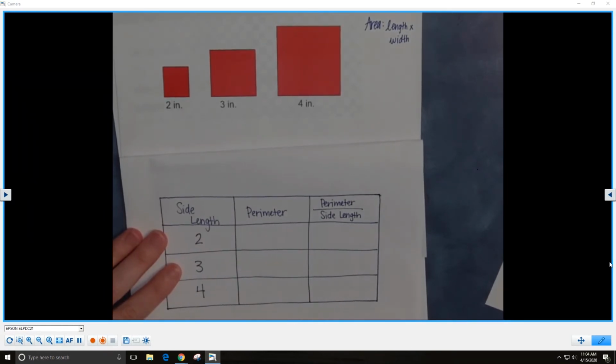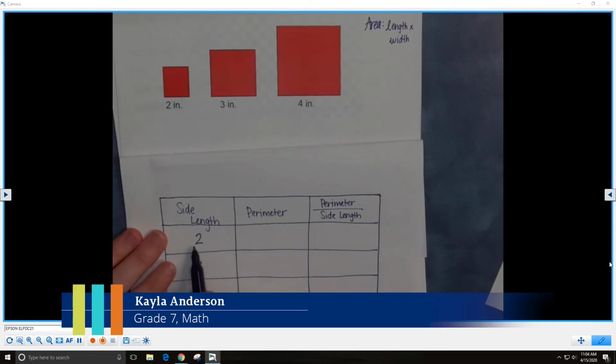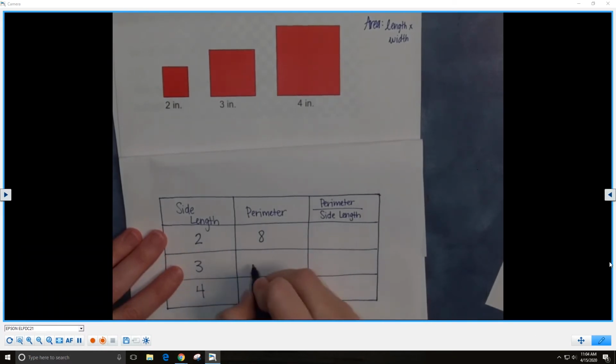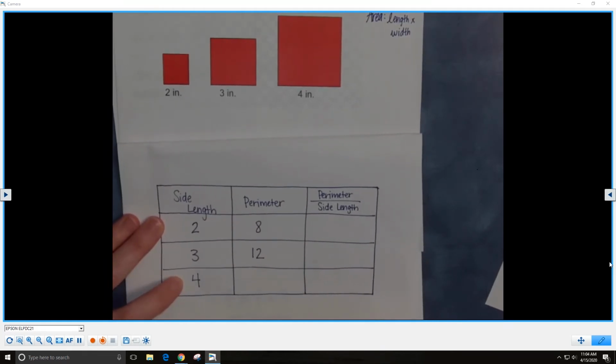So the square that has a side length of 2 has a perimeter of 2 times 4, or 8. The square with a side length of 3 has a perimeter of 3 times 4, or 12. And the square with a side length of 4 has a perimeter of 4 times 4, which is 16.